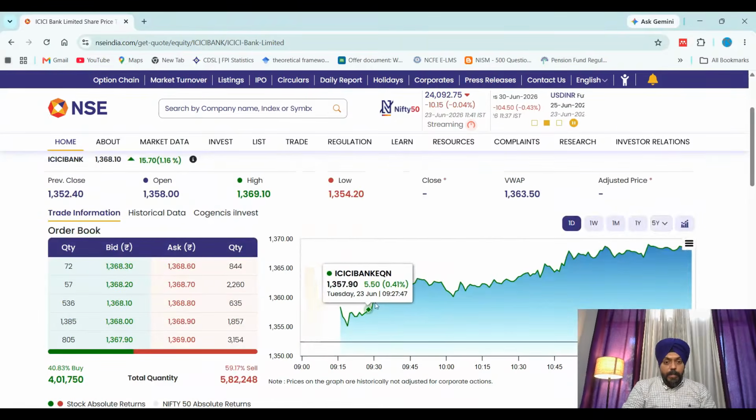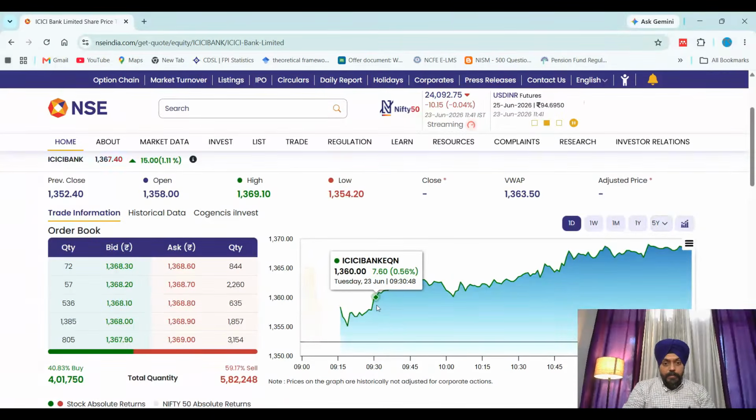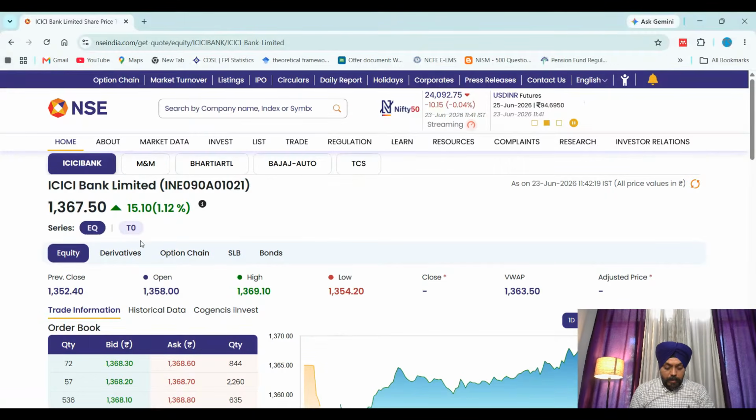The 9:30 a.m. price for ICICI Bank is 1360. The LTP, which is trading right now, is 1367.